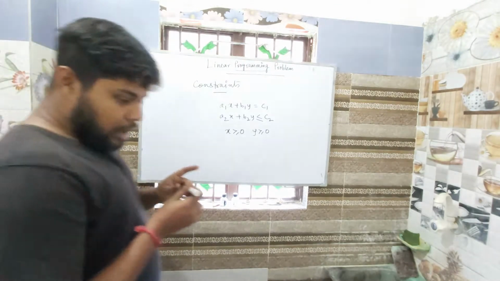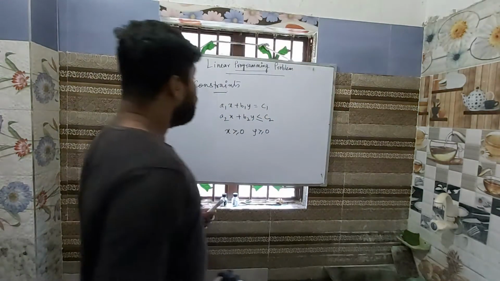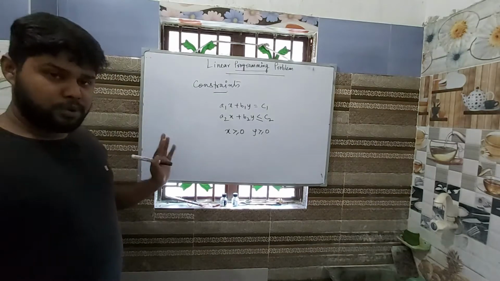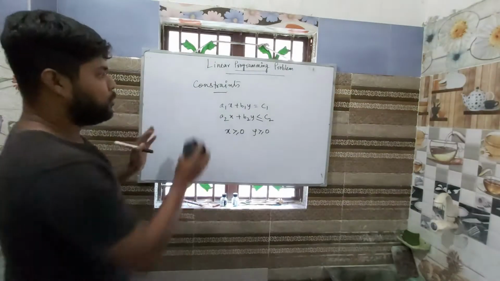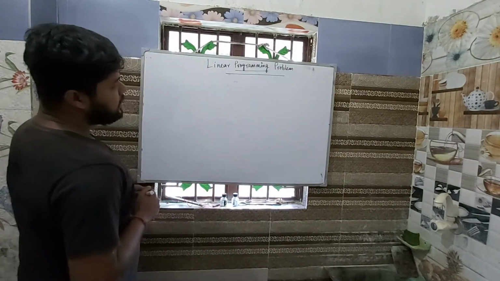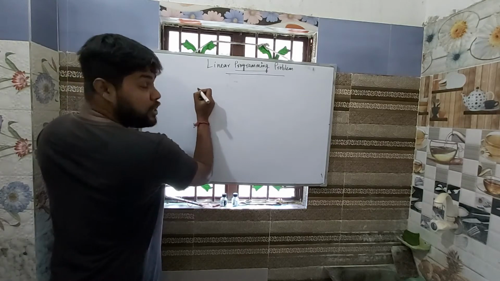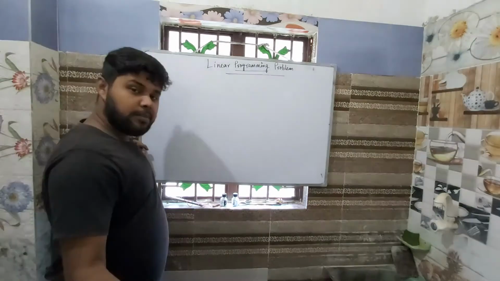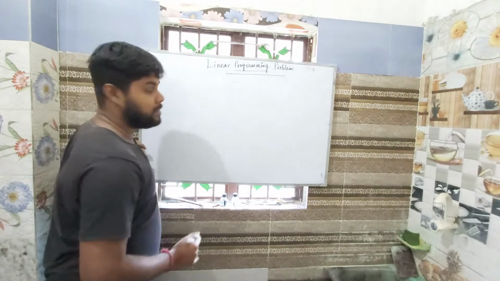Fine. So now let us see how we write one linear programming problem, a model of a linear programming problem. So it will look something like this. First I have to write what kind of problem it is. Either I am trying to maximize the problem or I am trying to minimize the problem.